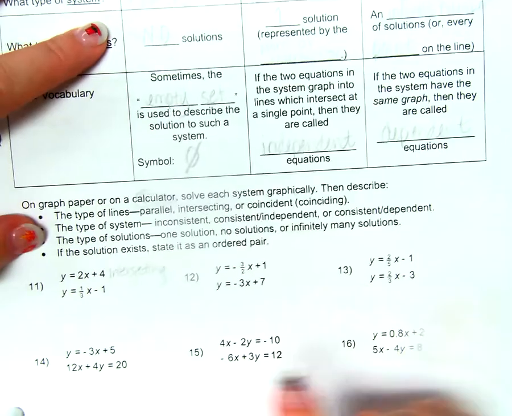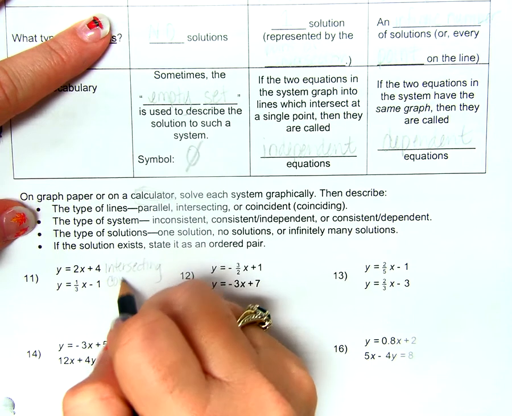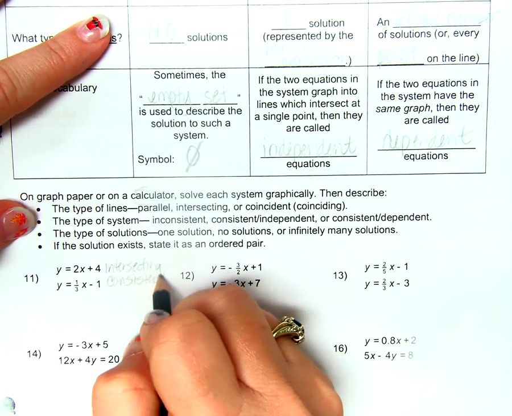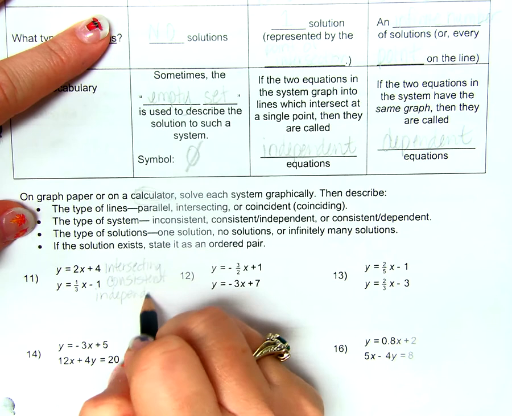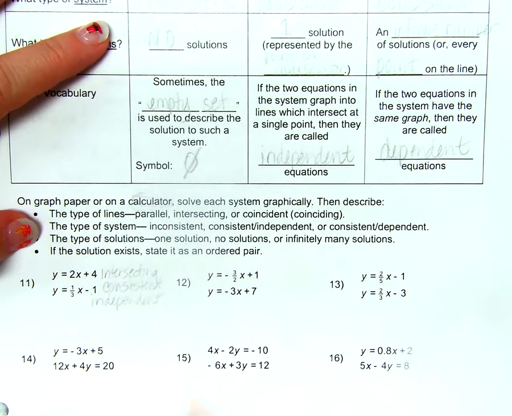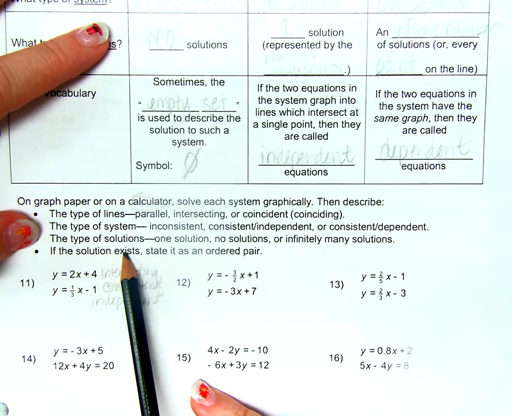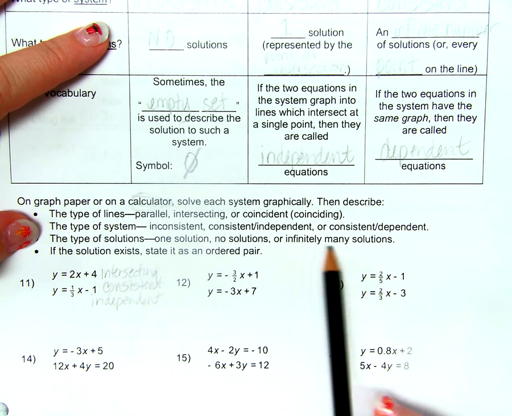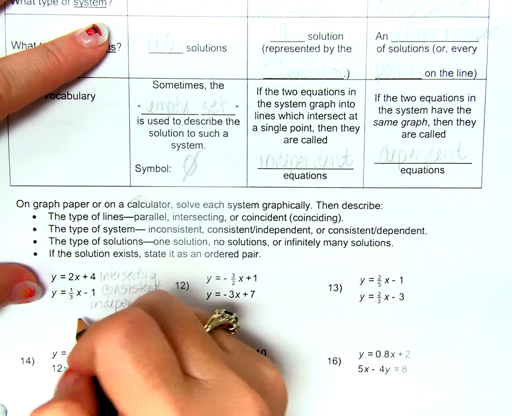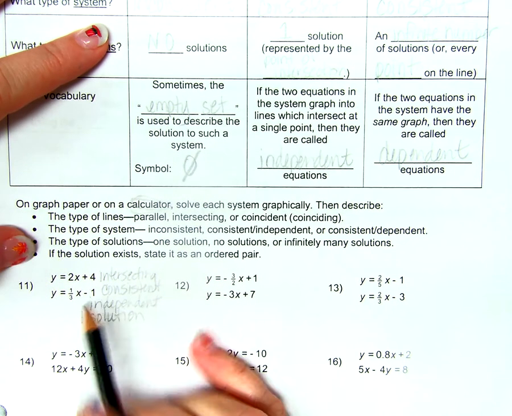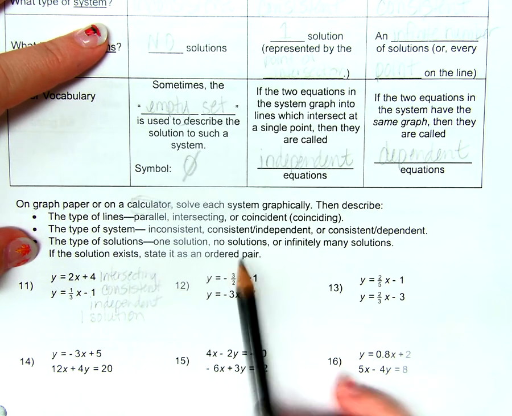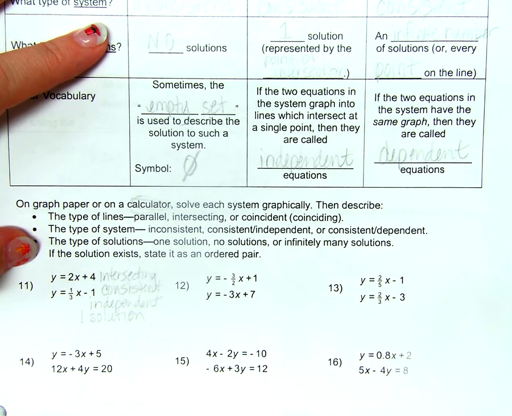So I have consistent, and I have independent, and then it wants to know the type of solutions. Do I have one, no, or infinitely many? One. And then it says, if the solution exists, tell me what it is. State it as an ordered pair.